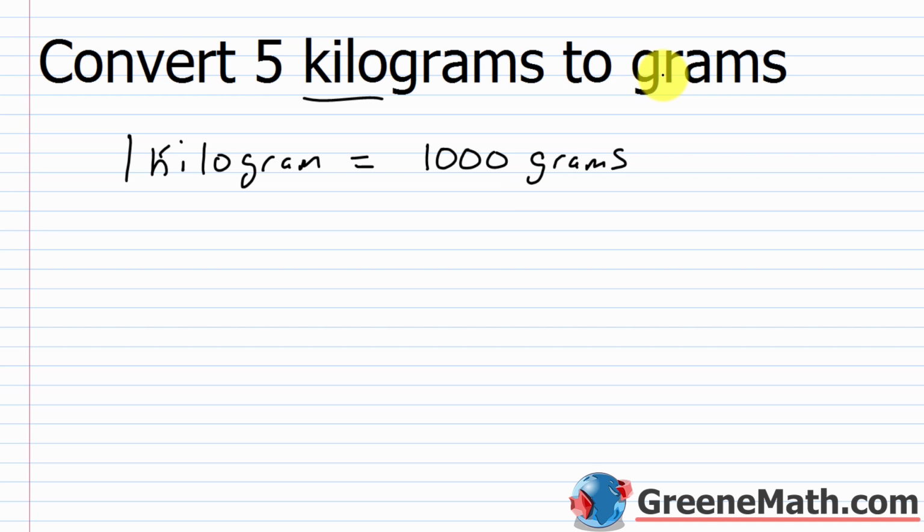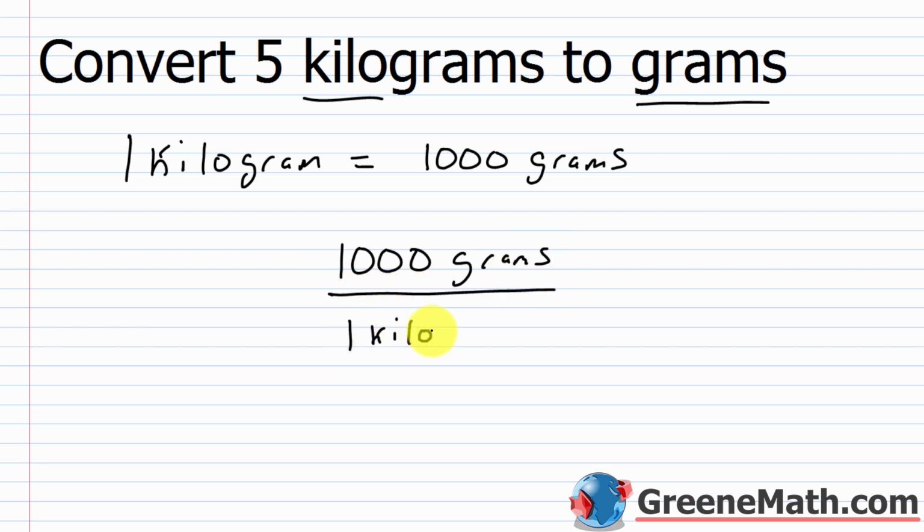So if that's the relationship, and I'm trying to go from 5 kilograms to grams, remember we write a unit fraction with the units that we want to end up with in the numerator. So I want to end up with grams, so I'd put 1,000 grams in the numerator, and I'd put 1 kilogram in the denominator. And I just multiply by what I'm trying to convert. So I have 5 kilograms here.